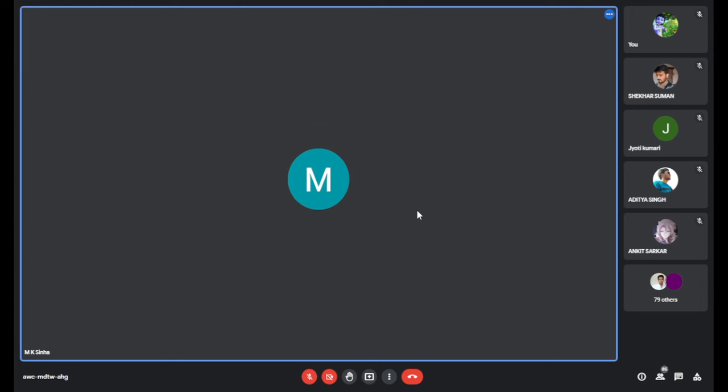Then come on to the streak line. We have discussed the path line and streamline. Now a streak line example.